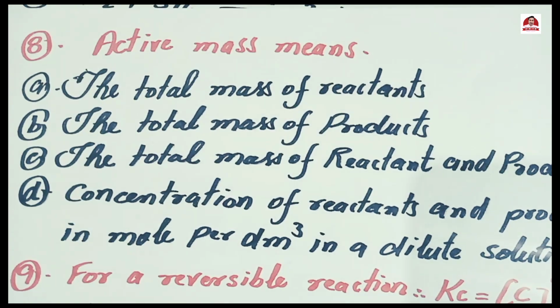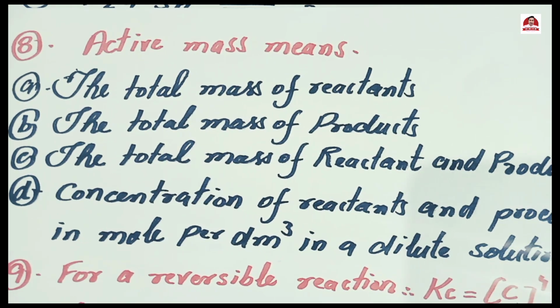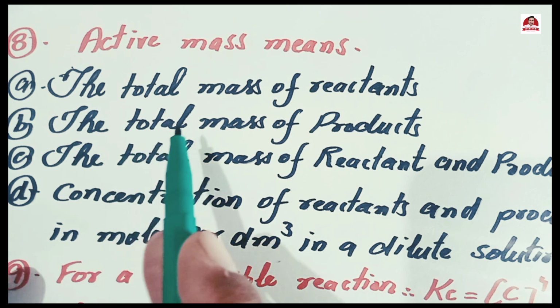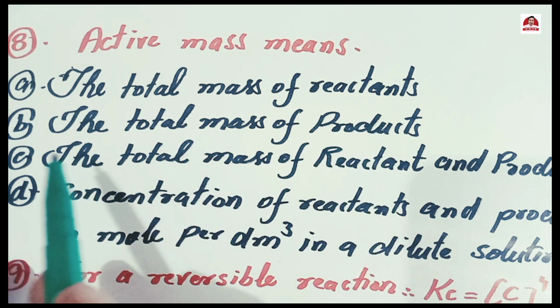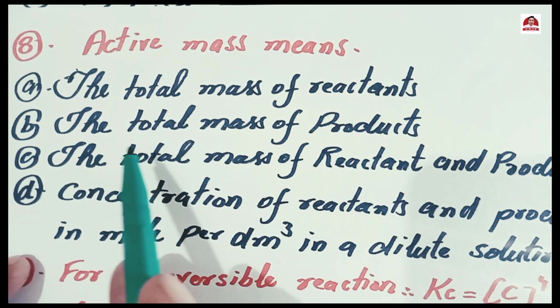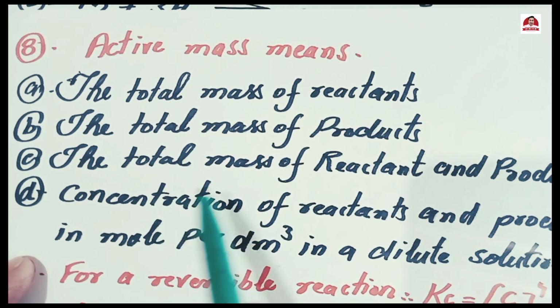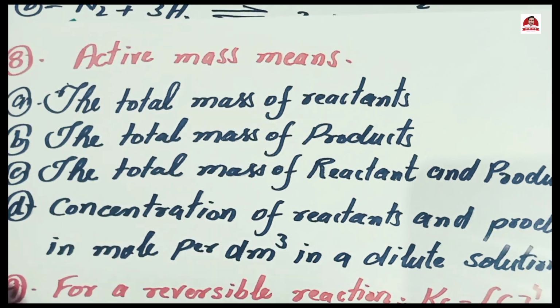Next question, question number 8. Active mass means: option A, the total mass of reactant. Option B, the total mass of product. Option C, the total mass of reactant and product.